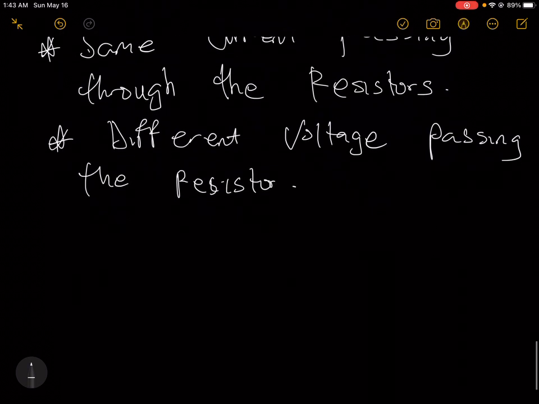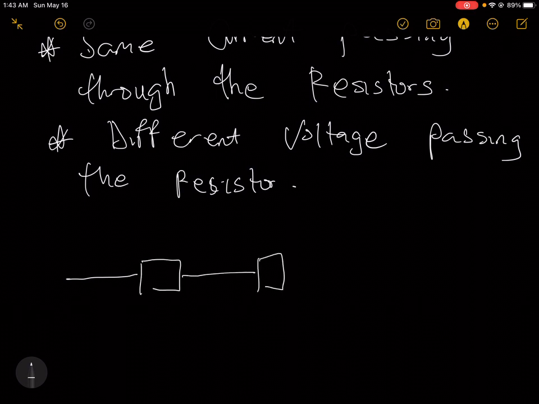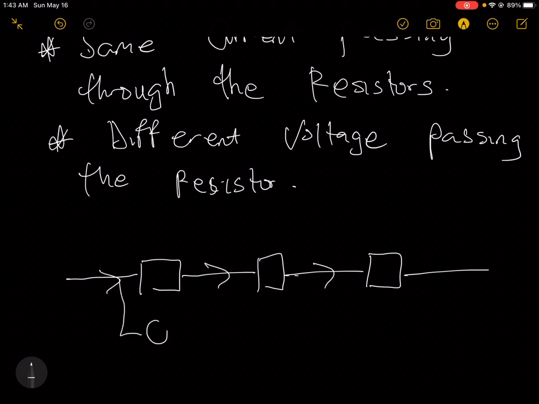So let me give you a very good diagram for that. In this series connection, there's just one straight wire passing through. We have a voltmeter here, showing different voltage, a voltmeter here, and then a voltmeter here.